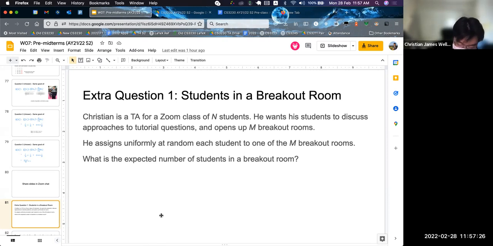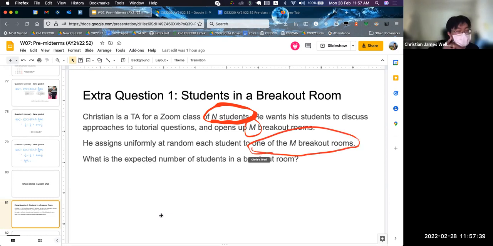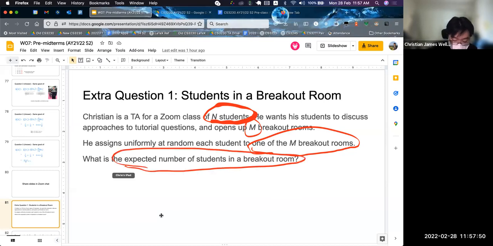It doesn't apply for the physical class, but let's say I have n students, and I want to discuss the approach to tutorial questions, and I open up m breakout rooms. How I do it is that I assign uniformly at random each student to one of the m breakout rooms. So I look at student 1, roll an m-sided dice, and choose where you should go, one of the m places, right? So what is the expected number of students in a specific breakout room?